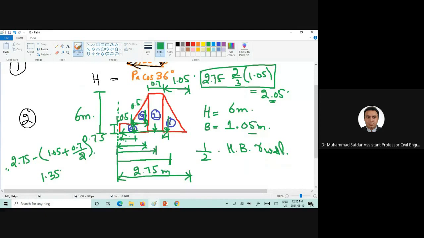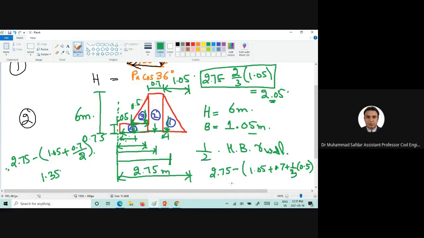And for the third part here, now if we subtract 2.75, that 1.05 plus 0.7, and now we also need to add the 1/3 from the right side, this portion, and that is equal to 0.5, I guess.